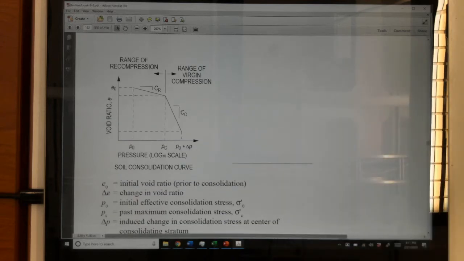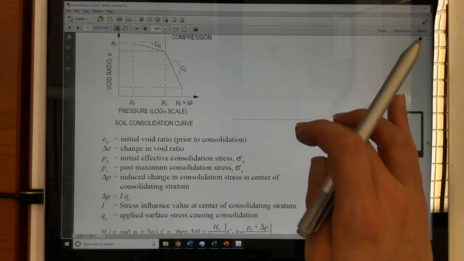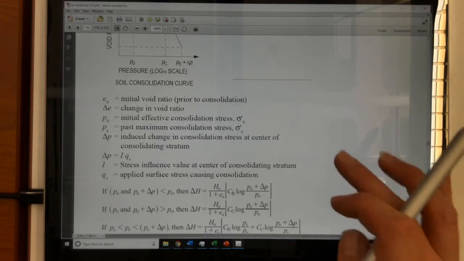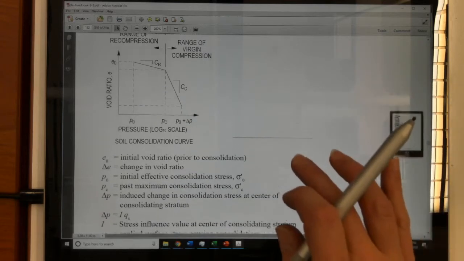This second page has to do with consolidation, which is something that we touched on very briefly in intro, and that might show up more in a foundations or definitely in the geotech design course. The examples that I've seen and that we can look at are somewhat straightforward.